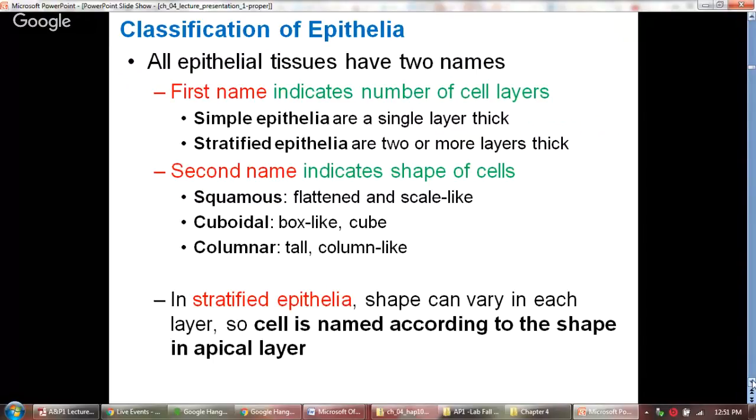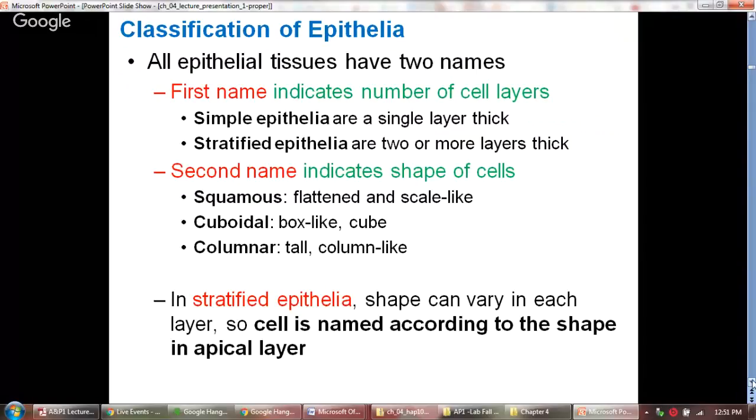The first name, either simple or stratified, is indicated by the number of cell layers. If you have one single layer of cells, you call it simple epithelia. If you have two or more layers of cells in thickness, then you call it stratified epithelia.